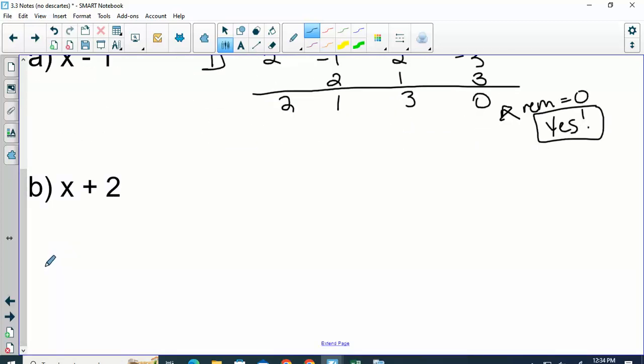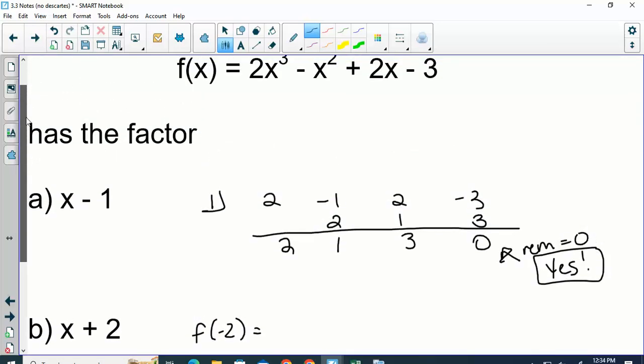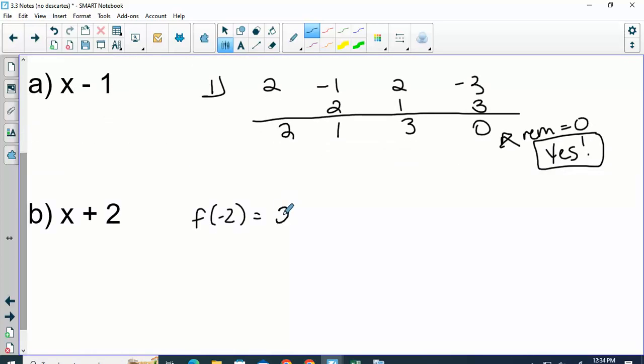The second option is to find the k value. So what would that be? And you plug that into the equation. So we find f of -2. That would be 2 times -2 cubed minus -2 squared.